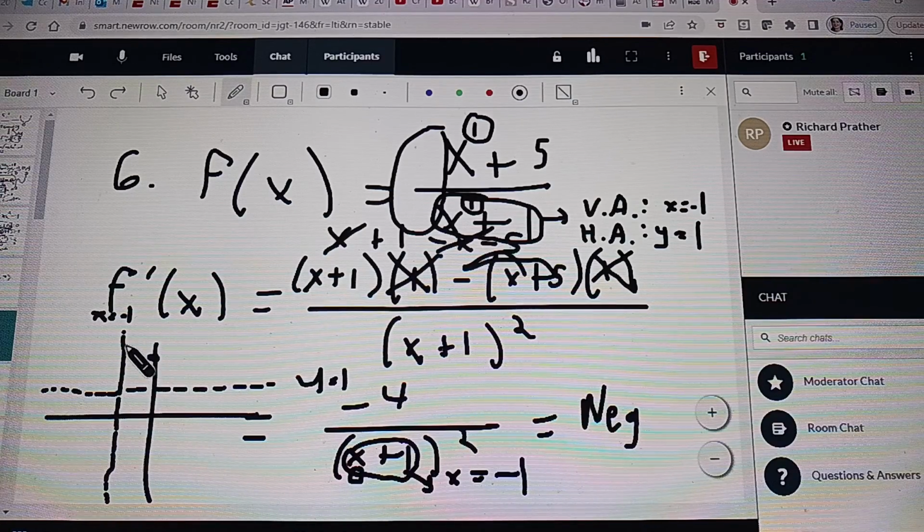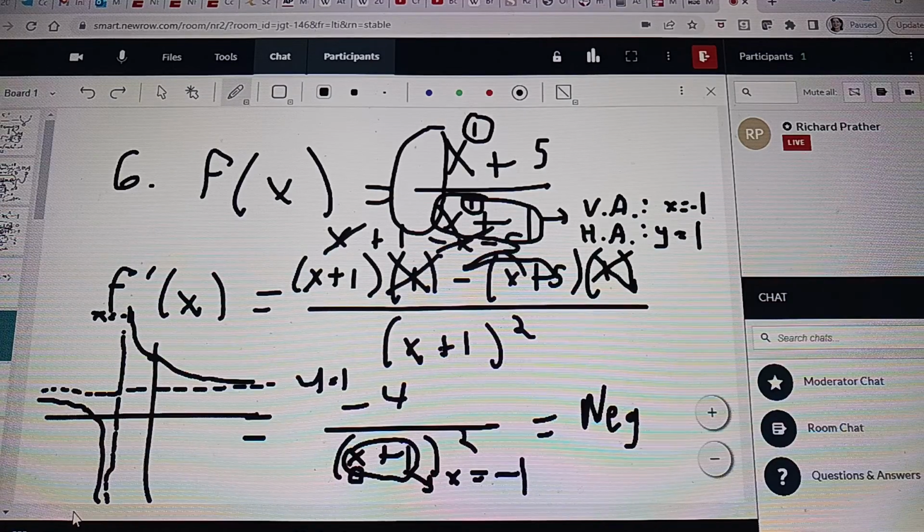And whenever you just have one vertical and one horizontal asymptote, you often get one curve like so. And then on the other side, it's usually on the other half of the horizontal asymptote. And you could test a point like negative 2 or negative 3, plug it into the original one, you'll see that it's down here.